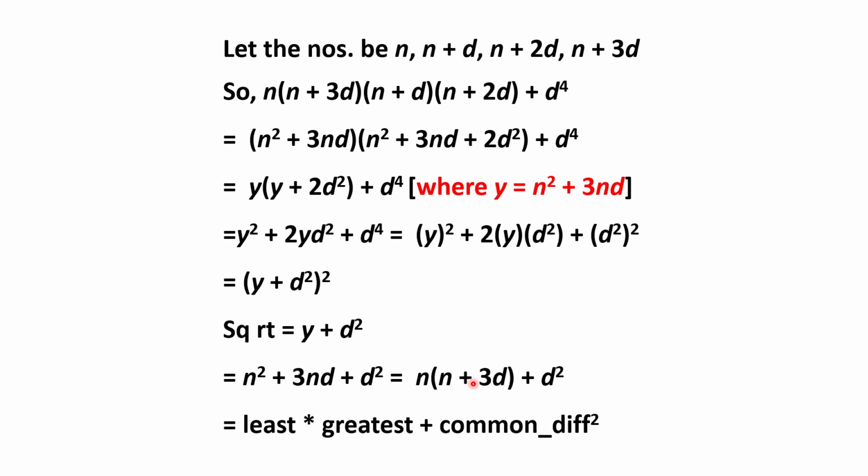So n into n plus 3d plus d square. So n is the smallest number, n plus 3d is the largest number, plus d square, that is the square of common difference. So the least into greatest plus common difference whole square, that is the square root. And that is the principle we applied in solving the given sum.